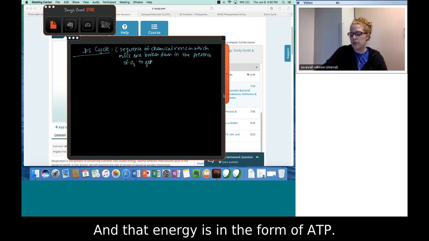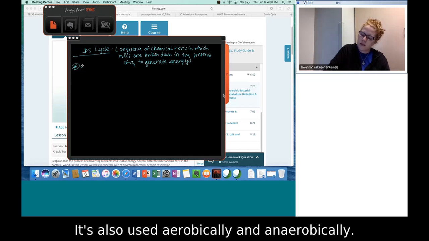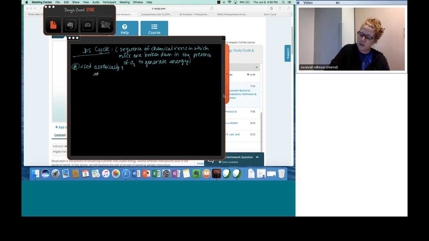And that energy is in the form of ATP. It's also used aerobically and anaerobically.